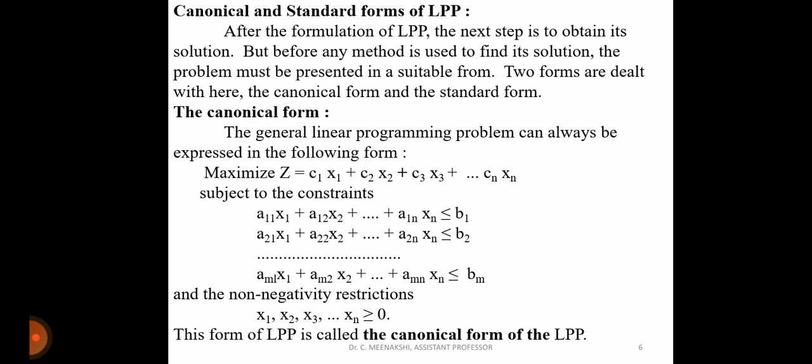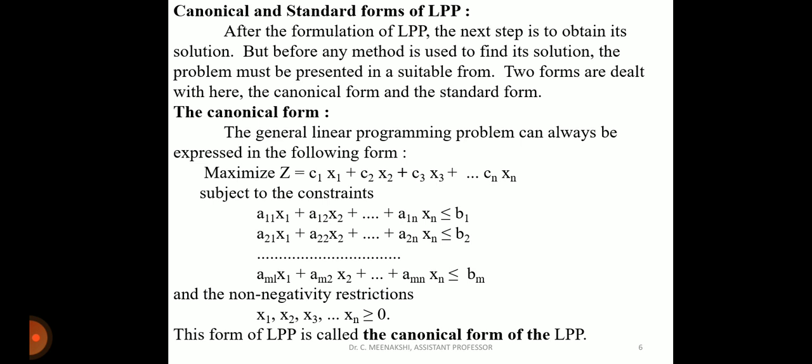The general linear programming problem can always be expressed in the following form. The objective function is of maximization type, not minimization type. In canonical form, the objective function is maximization type: z equals c1 x1 plus c2 x2 etc. plus cn xn, subject to the constraints.